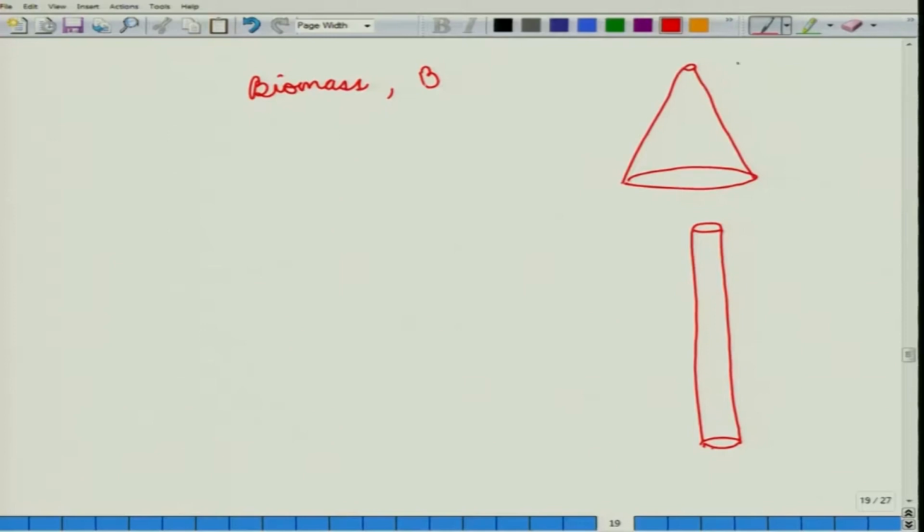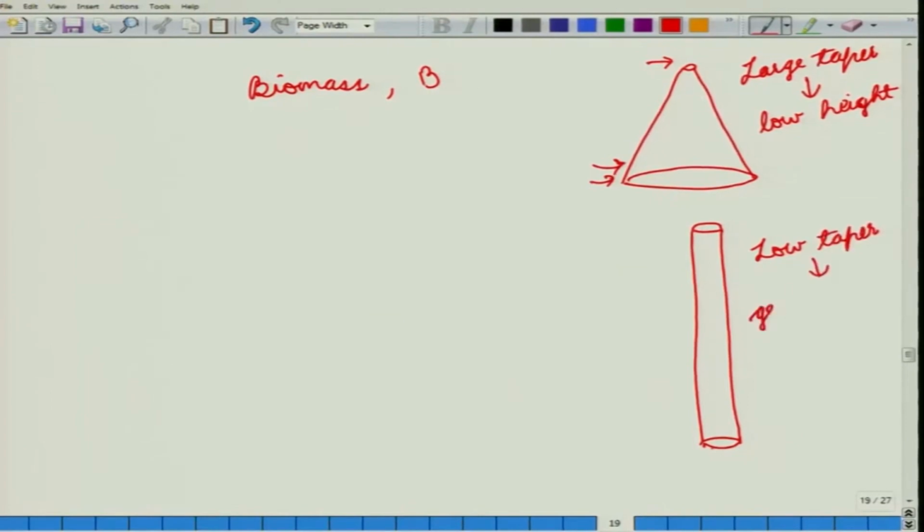So, if you have a large taper, you will also have a low height, because all the biomass has been deposited at the bottom. So, essentially you have very little biomass that can go to the top, whereas when you have a low taper, the trees can grow to greater heights.